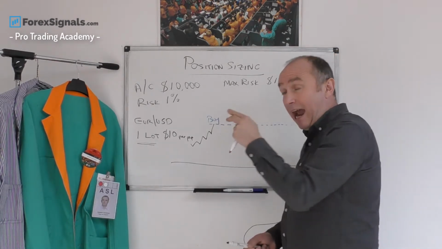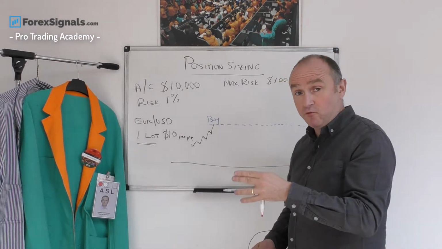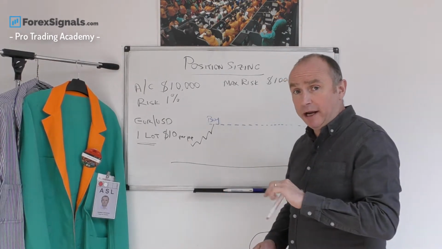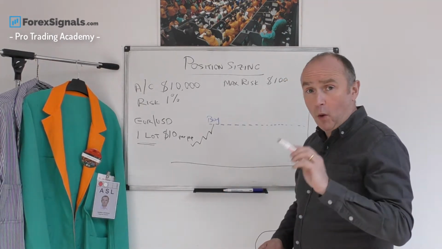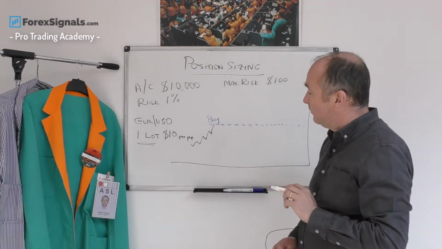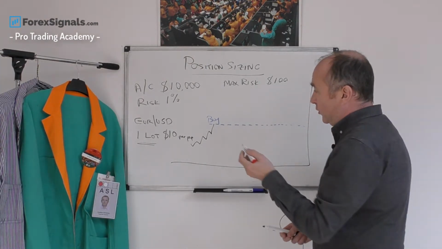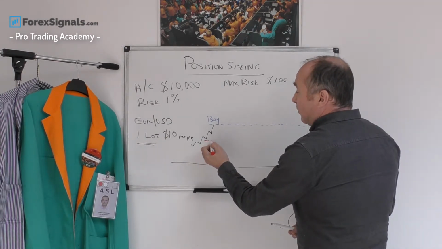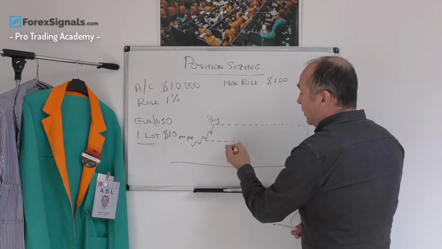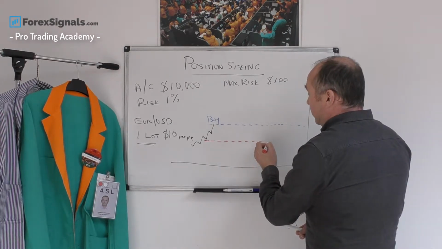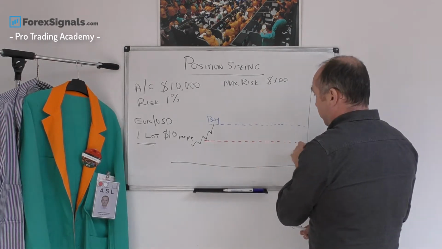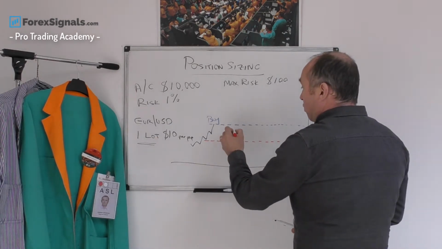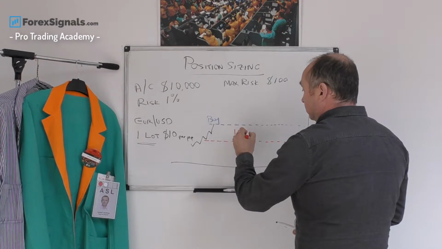But if the market was to go down in value, we've basically called the trade wrong. We're losing money. At some point, we want to stop losing any more money, and we put our stop loss order in where our maximum loss should be. Now, for example, on this strategy, our stop loss order could be somewhere down here. Of course, the rules of your strategy will determine where you need to place your stop loss. Now, in this example, this could be, say, for example, 100 pips away.